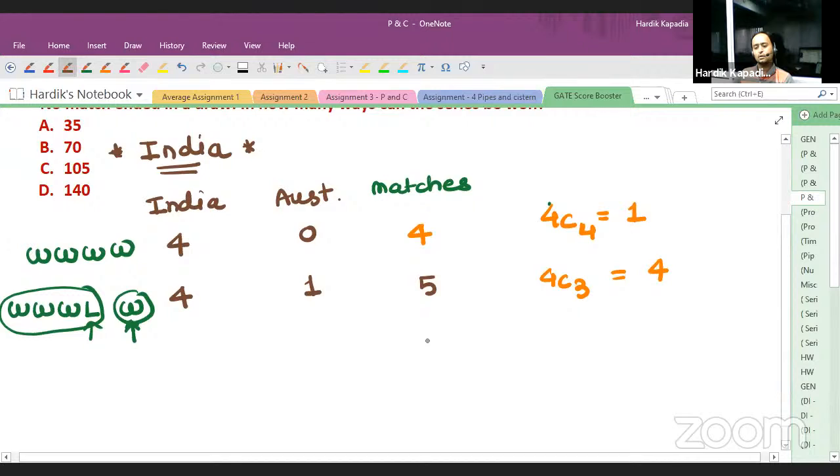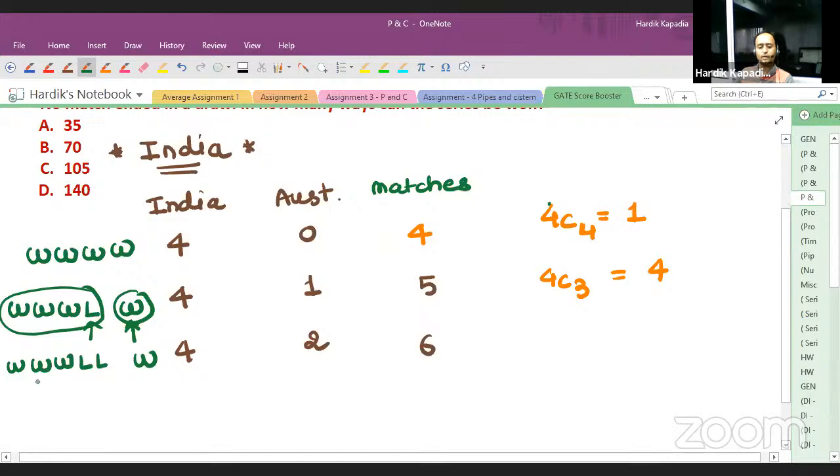So 4C3 is 4. I'm not going to calculate this. If there are 6 matches, 4 won by India and 2 by Australia, then there is win, win, win, lose, lose, and then win. Then only it will go to the 6th match, or else if I use W over here, it is finished in 5 matches only.